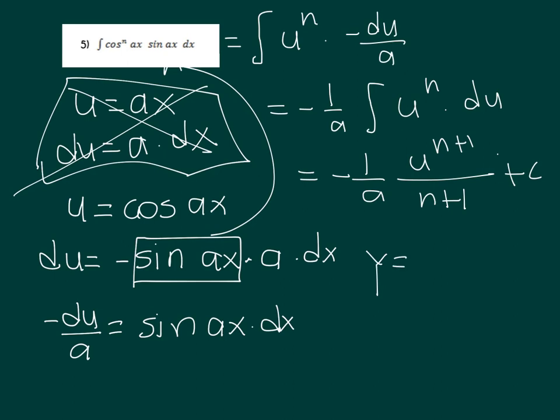So substituting back, you will have negative 1 over a times cosine to the n plus 1 of ax over n plus 1 plus c.